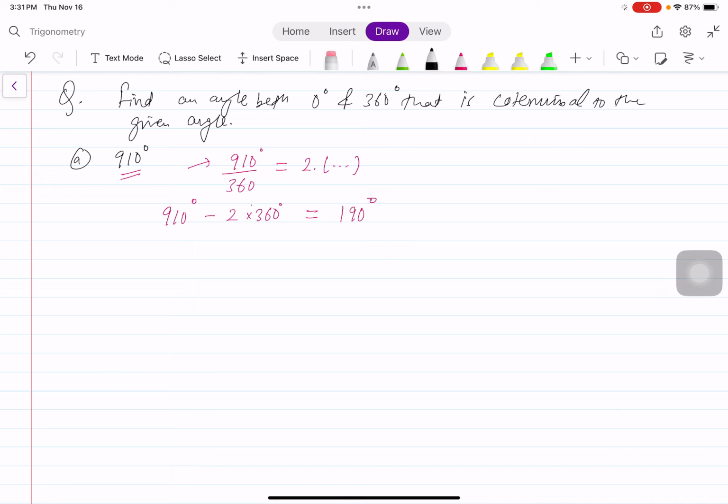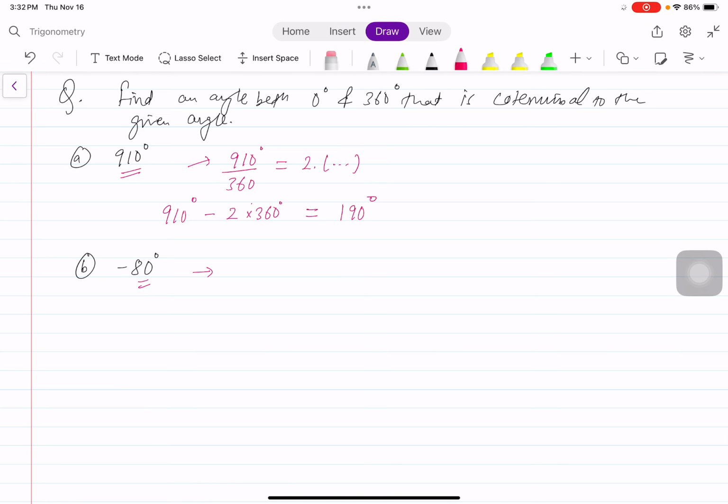Similarly, say I have negative 80 degrees. Now how do I find how many 360 degrees are here? Since this is already a negative angle, I will add 360 degrees. There are zero 360s here, because you want to find a positive angle before completing one revolution. You don't need to divide in this case, because it's already between 0 and 360.